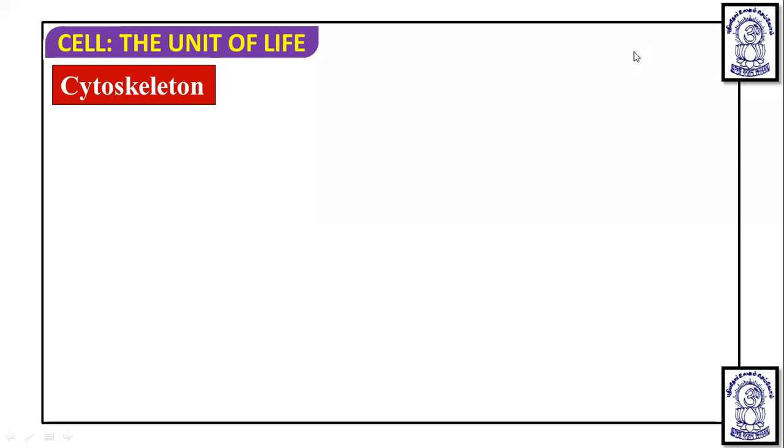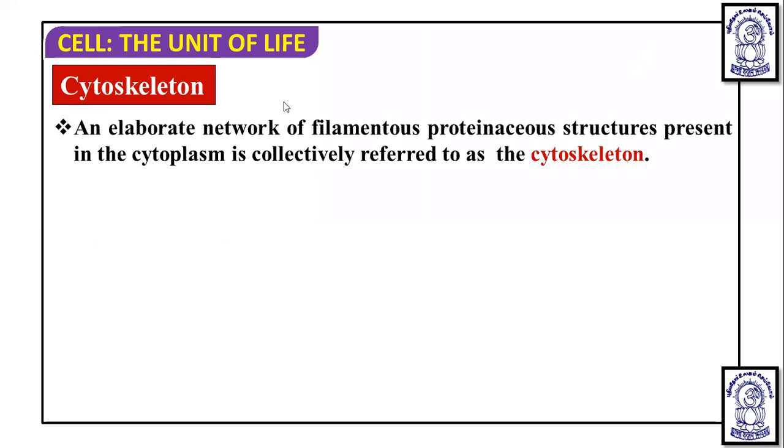In the same way, within a cell there are skeletal structures, known as the cytoplasmic skeletal structure, the cytoskeleton. The cytoskeleton is an elaborate network of filamentous proteinaceous structures. Filamentous means long proteinaceous structures present in the cytoplasm, collectively referred to as the cytoskeleton.